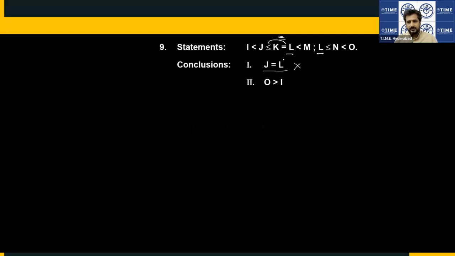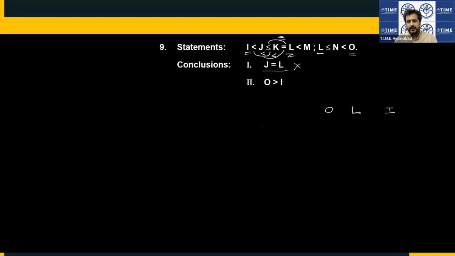O and I. O is in statement 2, I is in statement 1, so we have to combine. The common term is L. So let's take L and take O and I on either side. What is the relation between I and L? Less than or equal to leads to less than.